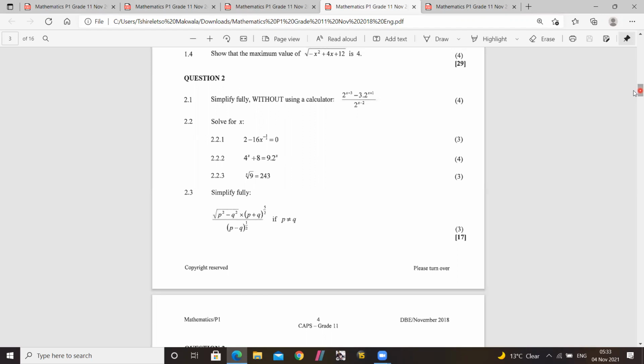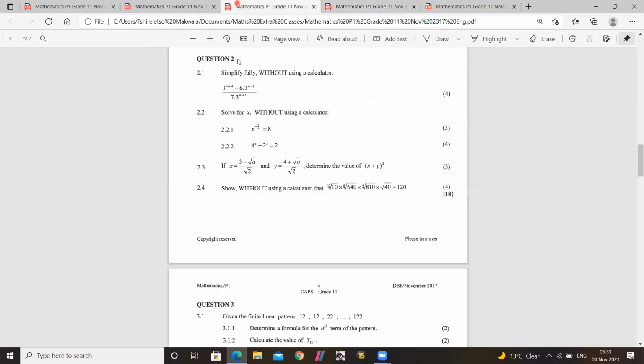Even though you'll see solve without the use of a calculator, or solve for x, or simplify fully, the topic that will be tested in question 2 will be laws of exponents. So they can either test it by saying simplify without using a calculator, solve for x, or simplify fully. So let me show you.